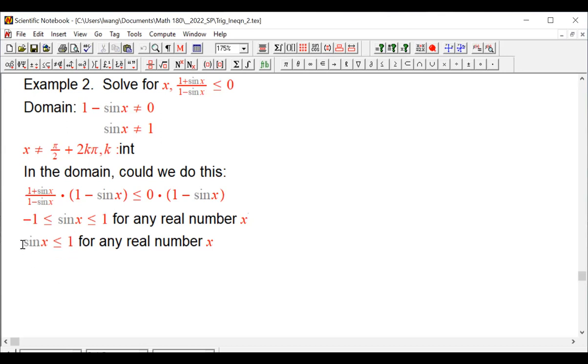This means that if we subtract sine x on both sides, we'll have 0 less than or equal to 1 minus sine x. That means 1 minus sine x is always greater than or equal to 0. Since we guarantee it cannot be 0, we have 0 less than 1 minus sine x in the domain.